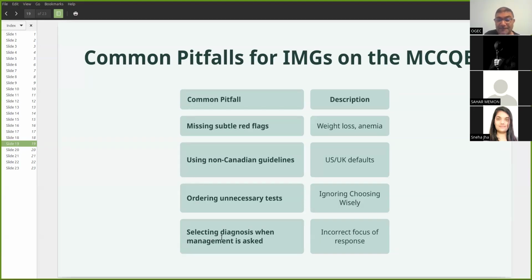For example, it asks about the management, but we select a diagnosis. This has happened frequently, and we should read carefully the last sentence, the main question.